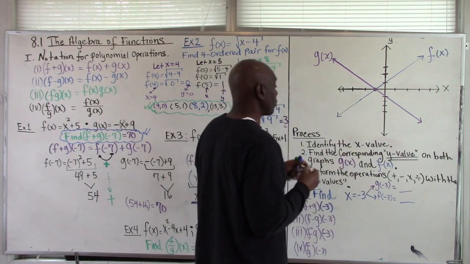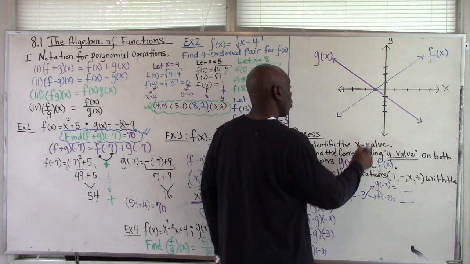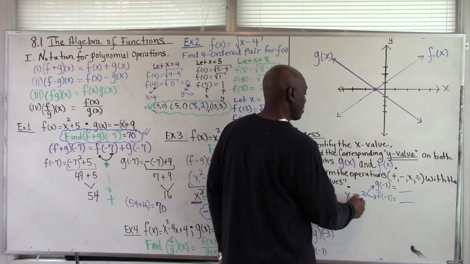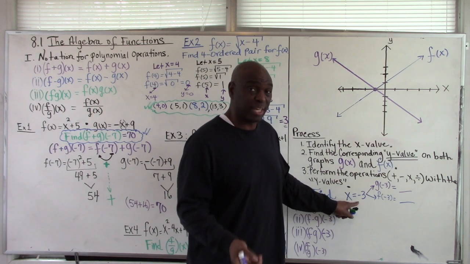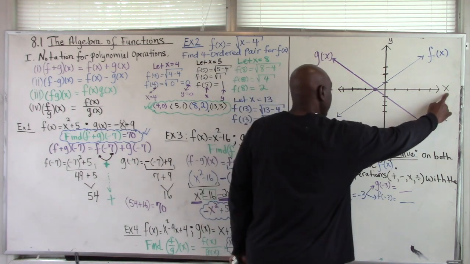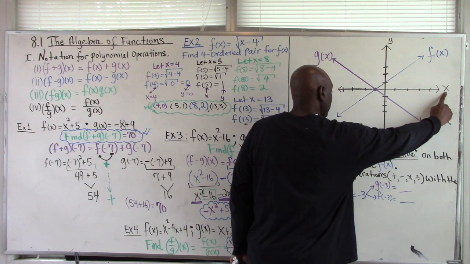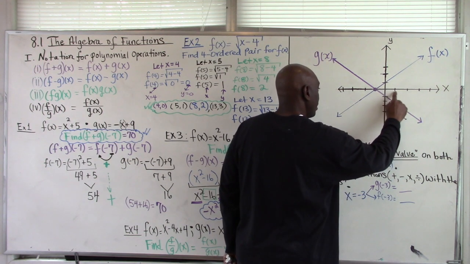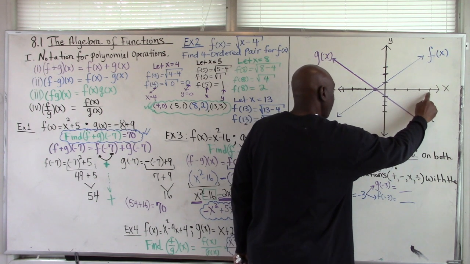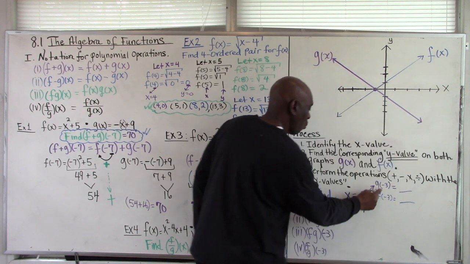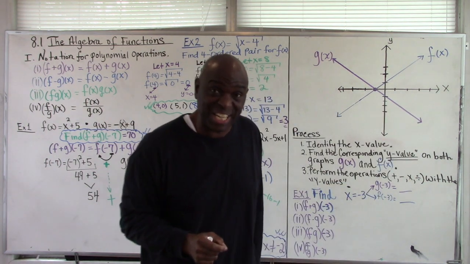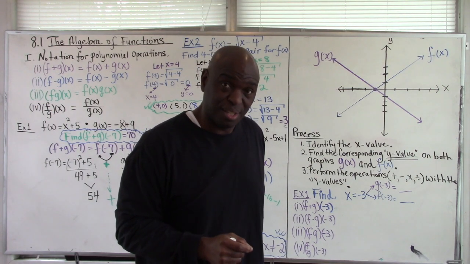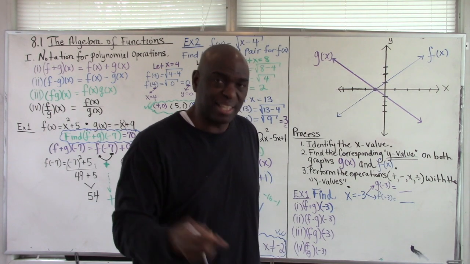Let's do purple first. Alright, well if x is negative 3, please find negative 3 on the x-axis. This is the x-axis. See that? Here is 1, 2, 3, 4 on the x-axis. Where is negative 3 on the x-axis? Can you find negative 3 on the x-axis? You can. Let's see.